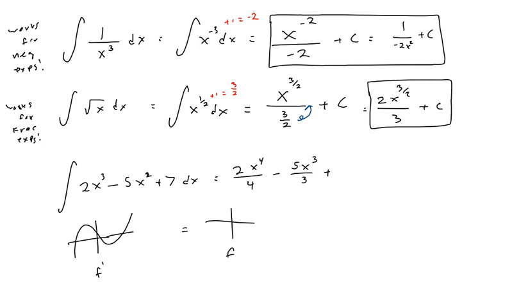Has he stepped away? Three more seconds, Adrian. All right, 1,000 points for Adrian. Oh no. Brain. All right, integral of 7. Give you a chance.